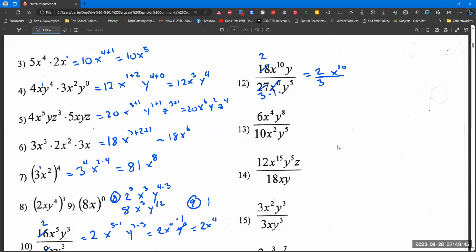And I have a y to the 5 minus 1 in the bottom, because I want to keep the location where the bigger exponent was, bring the other one across the fraction bar and make it negative. So in this case, I'm going to be removing one of the y's from the 5 that are in the bottom to cancel with that 1 in the top to make a 1, and there are going to be 4 left over in the denominator.